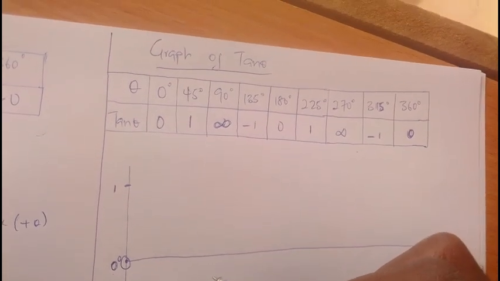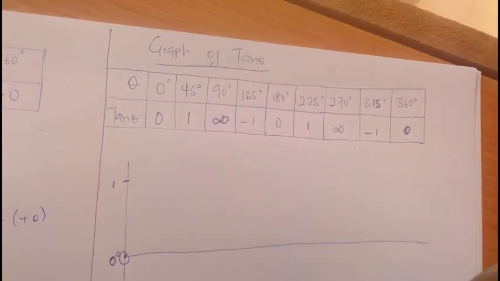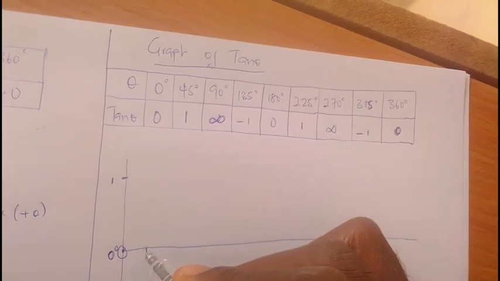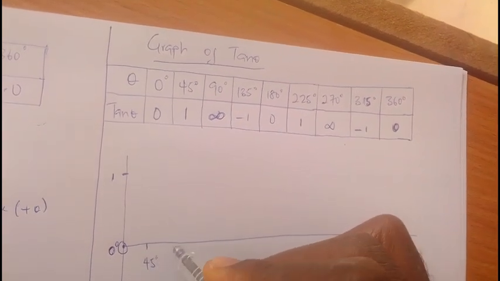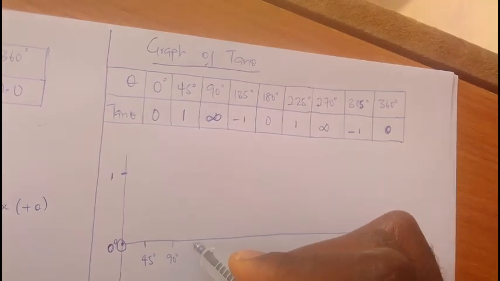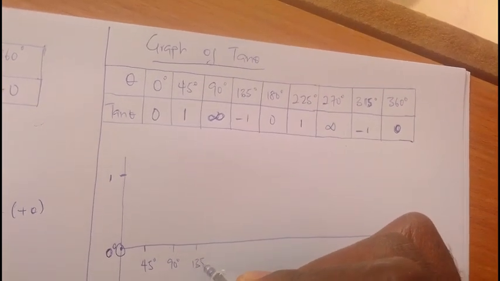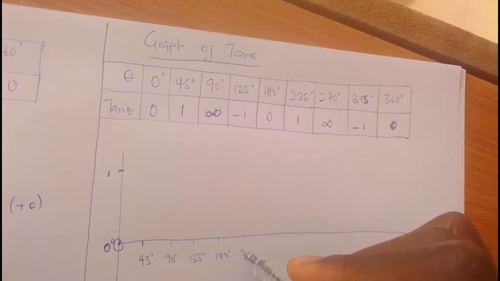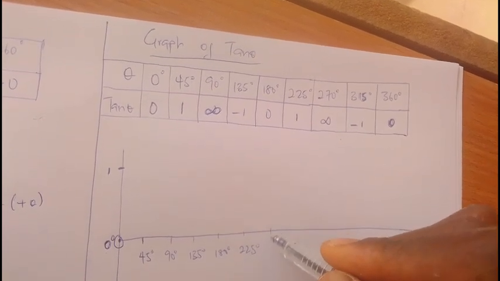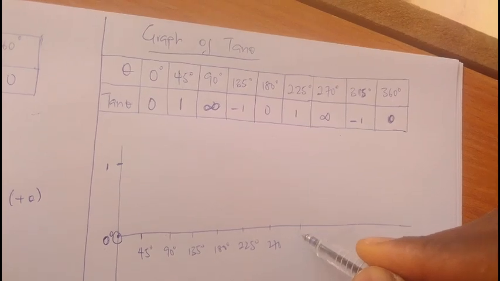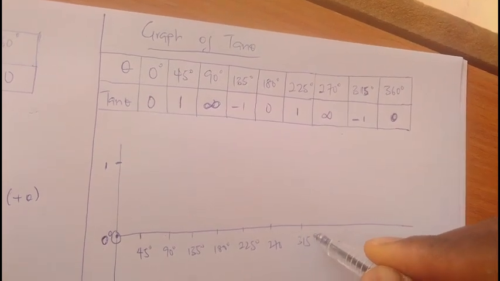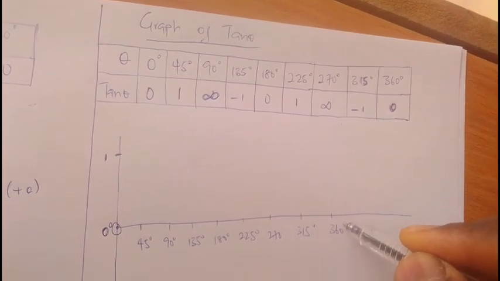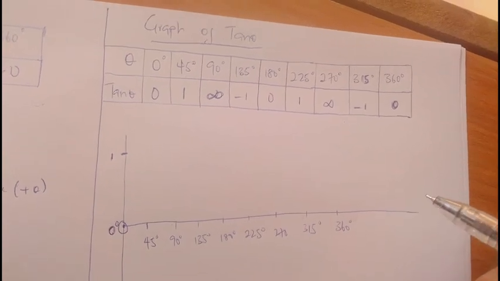Next one, I have 45, 1. I haven't put my angles yet: this is 45, this is 90, this is 135, this is 180, this is 225, this is 270, this is 315, and this is 360 degrees.